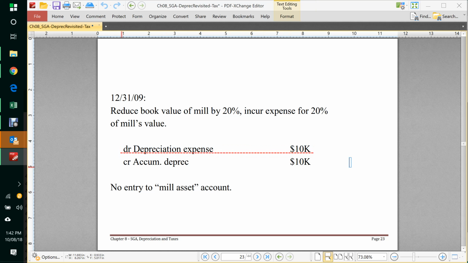And on the other side, we once again add to that accumulated depreciation account, by another 20% of the mill's value. No entry to the mill asset. Remember that stays at 50 for the entire life of the mill, right?